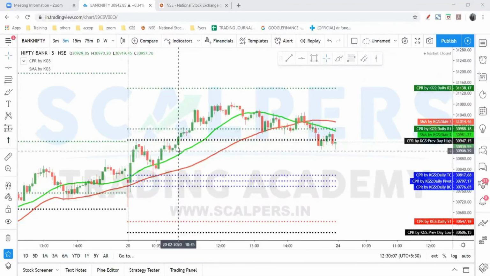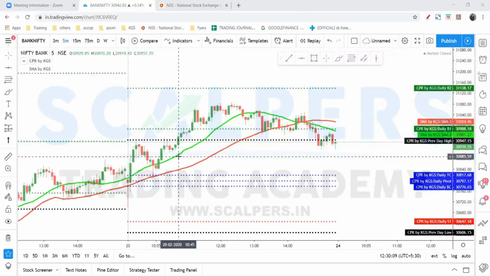Now, what is the 20 SMA price? I will keep my stop loss below that, so around 900 or 880 or 890 like that. Approximate stop loss below the 20 SMA, because in an RTP, candles will not come below the 20 SMA. So only we are using the 20 SMA as a stop loss.